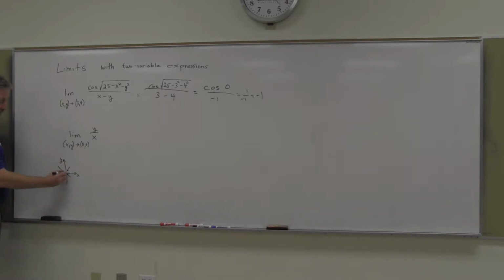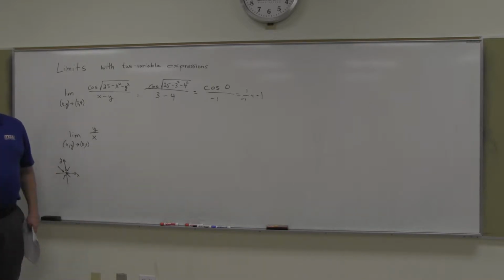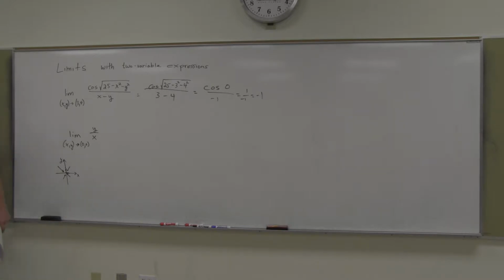I will think about what happens if I just come at it along the x-axis, y-axis, something like that. But I can approach this from any line, as long as you get to 0, 0. And even further to complicate it, I could approach it from any type of curve. That can be helpful too sometimes. So you get the complicatedness of this: it's coming at it from all directions.